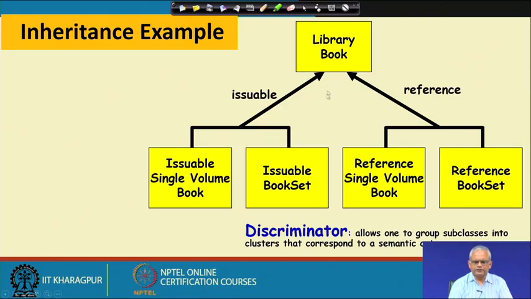So, it is a good idea to write the discriminator based on which this set of classes are derived and this set of classes are derived, that helps in readability and is supported by UML. To write the discriminator while constructing a complex class hierarchy helps us to understand the hierarchy better.